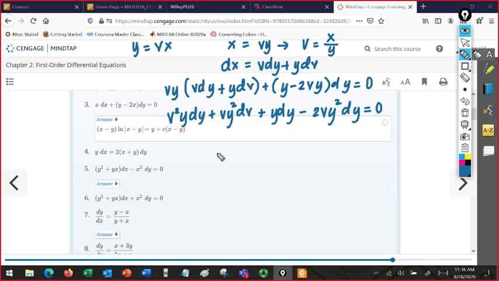O, hindi like terms yun. Yun yung mistake. Ayan, medyo mahaba siya. Because for the dy, terms with dy, yung first, second, and third.